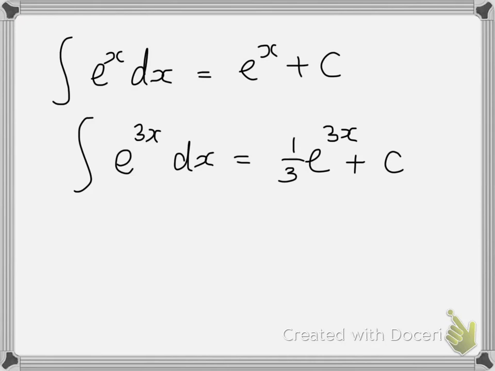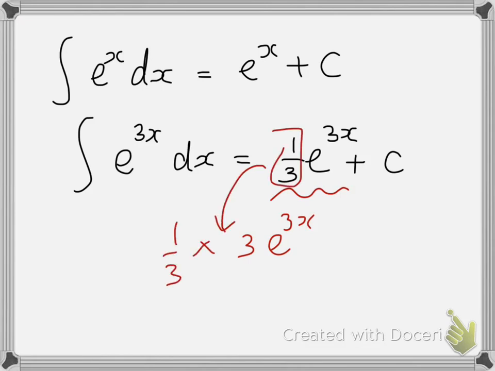You differentiate your answer. You differentiate e to the power 3x, you get e to the power 3x times 3, right? That's why you divide by 3. See, if you differentiate this, you get this, right? That's why this 1/3 is here. So that cancels off because this one has 3.